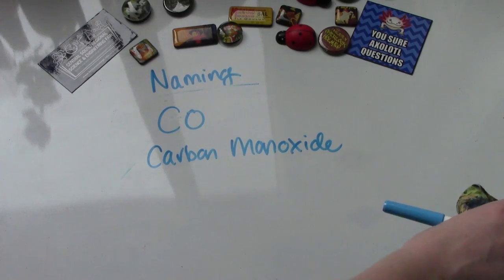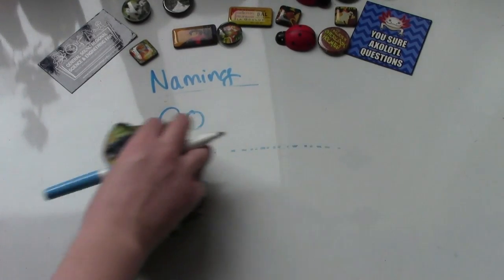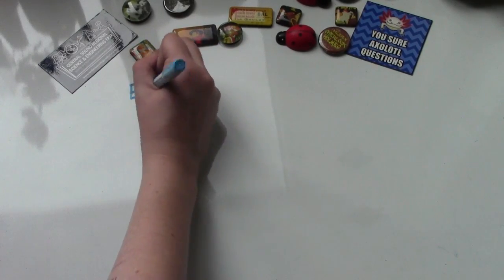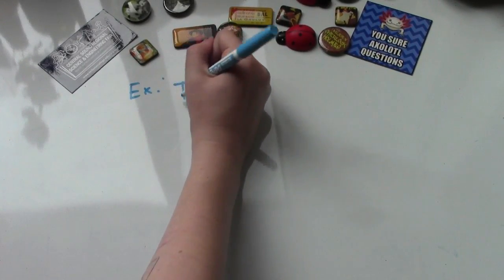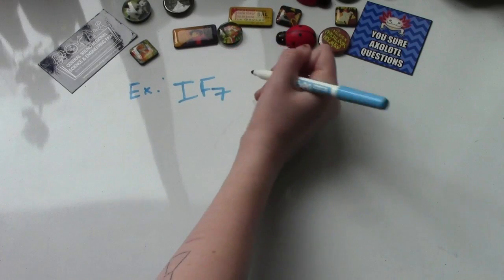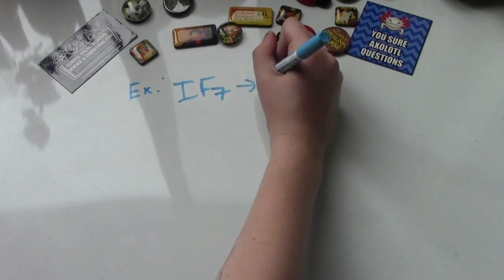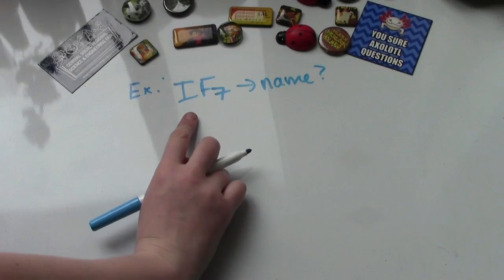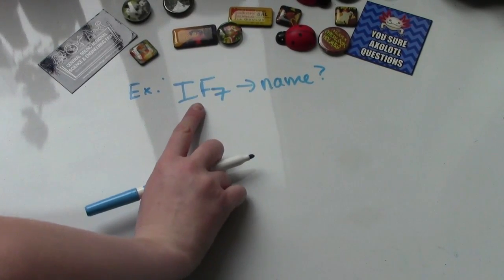So I'm going to give you, we're kind of going to go backwards on this one for an example problem. If we have a compound IF7, what would the name of it be? So first we have to identify what kind of compound it is, and then what kind of system we'll use.